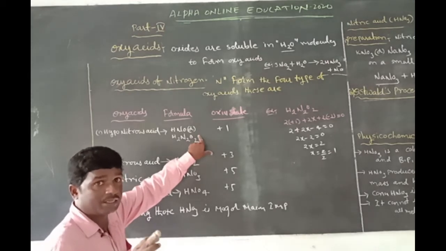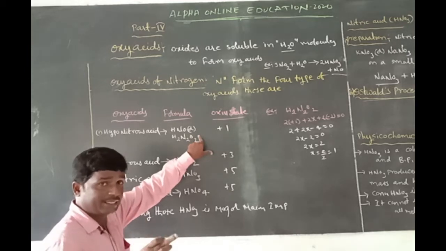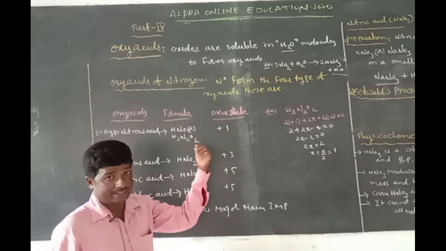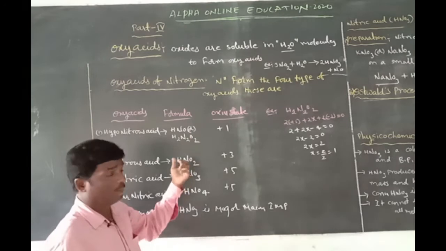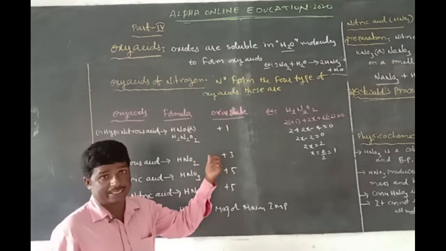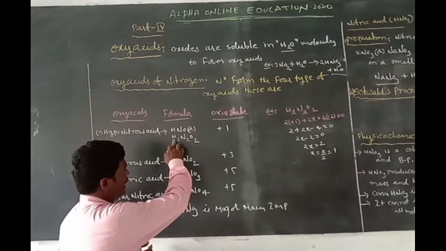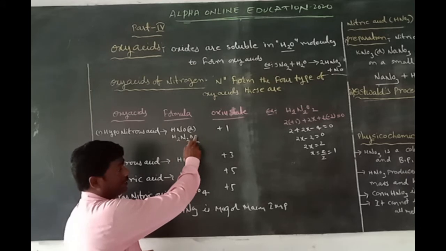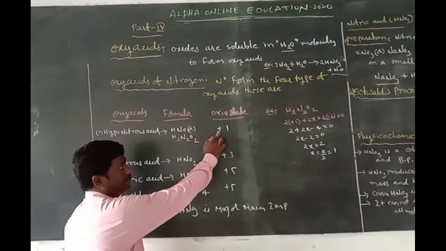Common oxides have the -2 oxidation state, peroxides have the -1 oxidation state, and superoxides have a fractional oxidation state. But here, hydrogen is +1 and oxygen is -2.